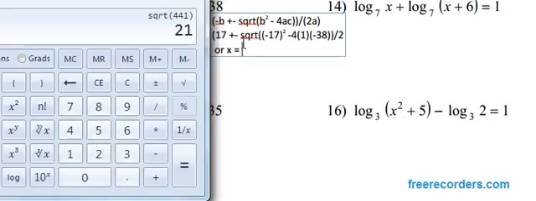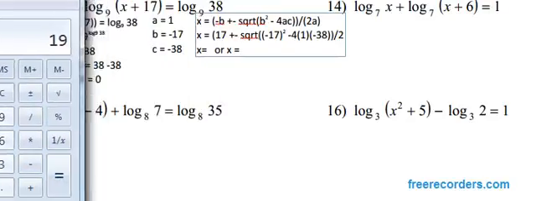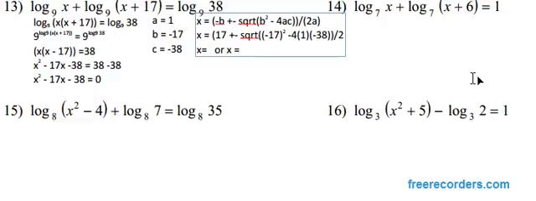So my first one is 17 plus that square root value. So 17 plus memory recall equals 38, divided by 2 equals 19. So according to this, x can equal 19.